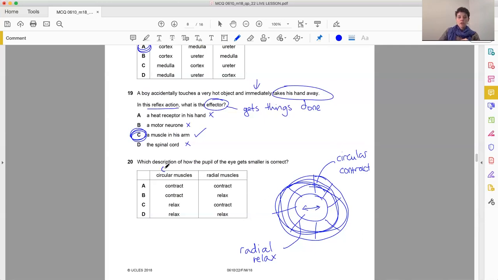So, circular contract, radial relax. The answer is B. So, in order to make the pupil of the eye smaller, we would need to contract the circular muscles and relax the radial muscles. They're a pair of antagonistic muscles.